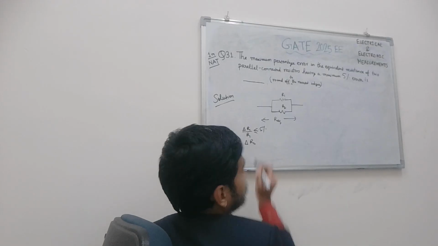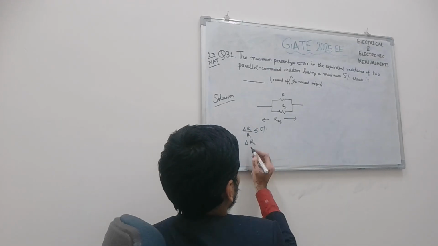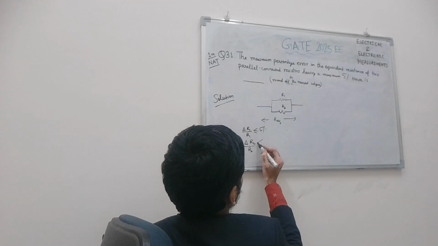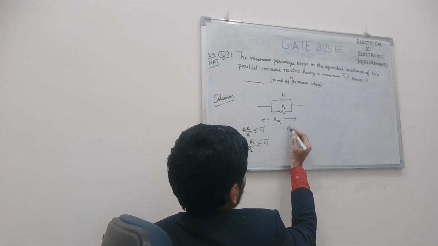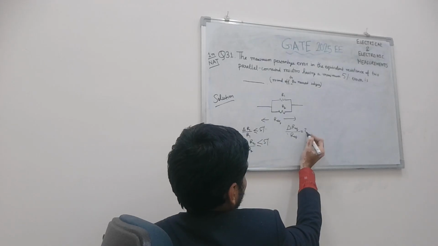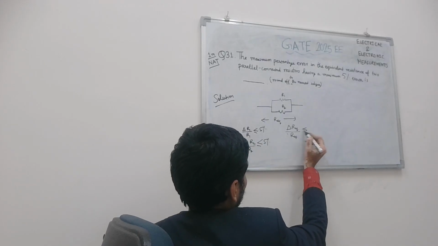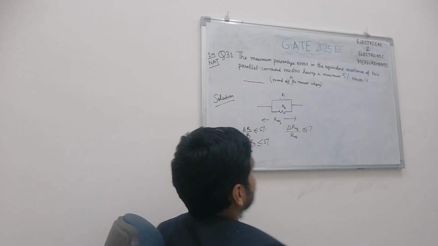Also, delta R2 by R2 is less than equal to 5%. This is the maximum percentage error. And we are required to find delta R equivalent by R equivalent, less than equal to question mark.